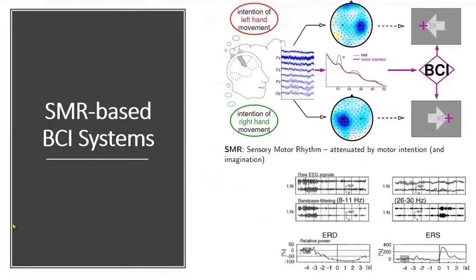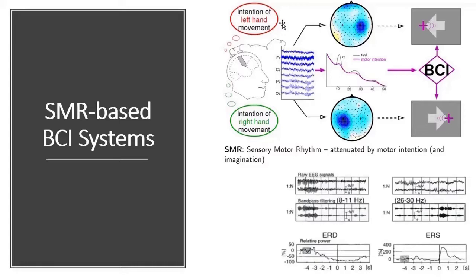Next, we have sensory motor rhythm-based BCI systems. SMR stands for sensory motor rhythm. The brain signal activity comes from the sensory motor cortex, which is located around this area. SMRs belong to the endogenous type of BCI.